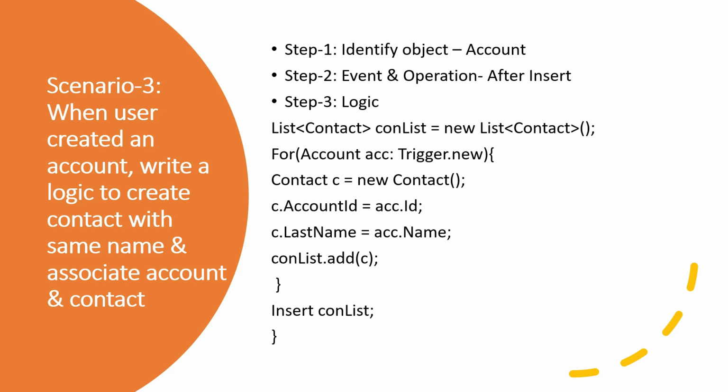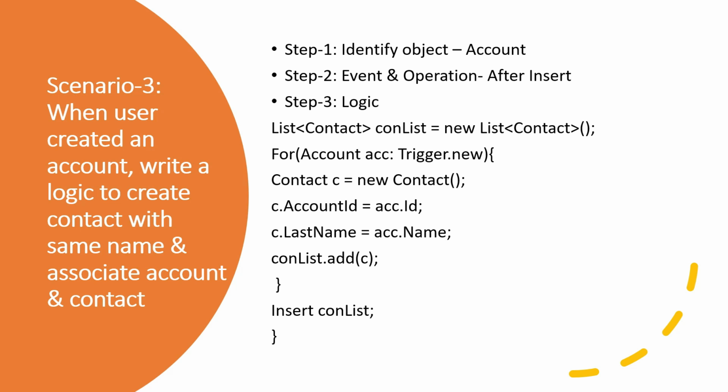Under that, we are creating a new contact, c.AccountId equals acc.Id, so we are associating that contact's account ID with the account ID, and also c.LastName should be acc.Name, and adding this record into the list, conList.add, passing the contact variable c, and then we have to insert the conList.